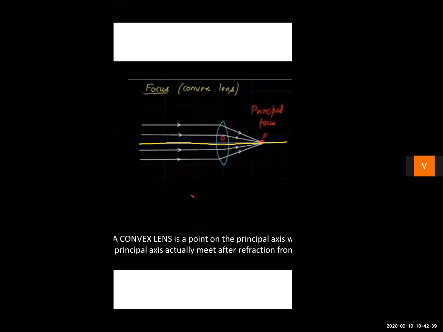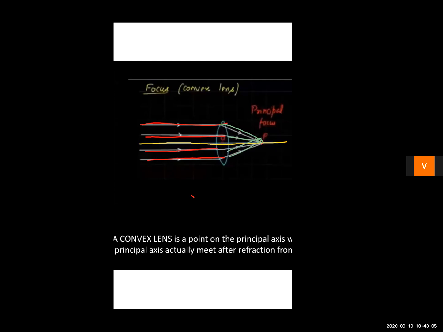Now, fine. This is a point on principal axis where the incident rays actually meet, incident rays actually meet करती हैं, but after refraction.